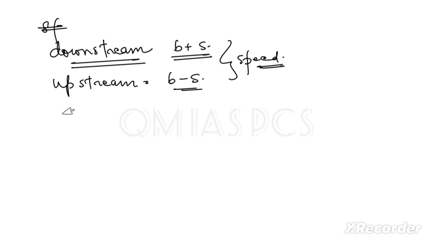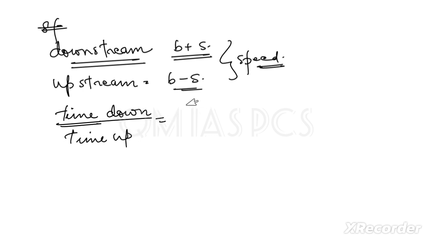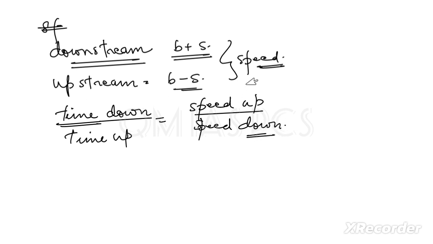For time comparison, if I say time down and time up, it will just be the reverse: speed upstream divided by speed downstream. Just reverse this one, I mean the reciprocal of that one.